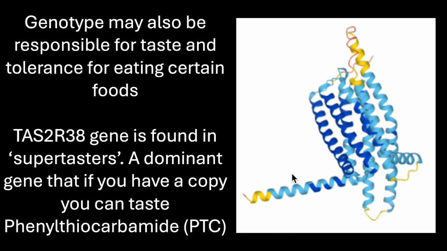This genotype pretty much means that you can or can't tolerate certain foods. Like if broccoli is super bitter to you, you're probably a super taster. You can't use that as an excuse for everything, but there is a list of foods that super tasters historically just cannot eat because it's really overwhelming to their taste buds.